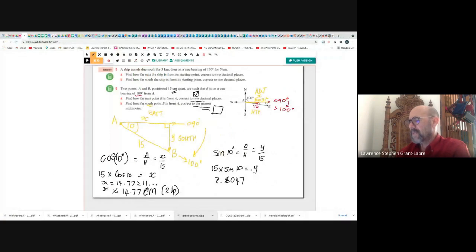And it's centimeters. And we want it to the nearest millimeter.